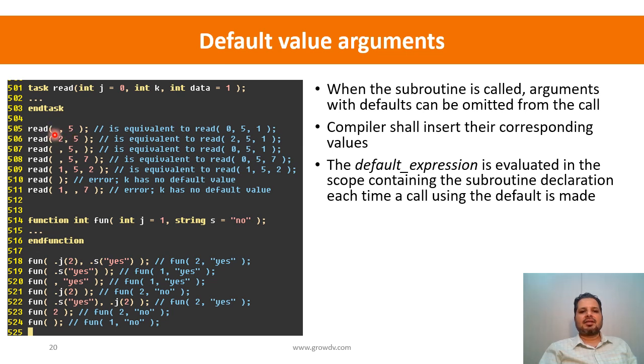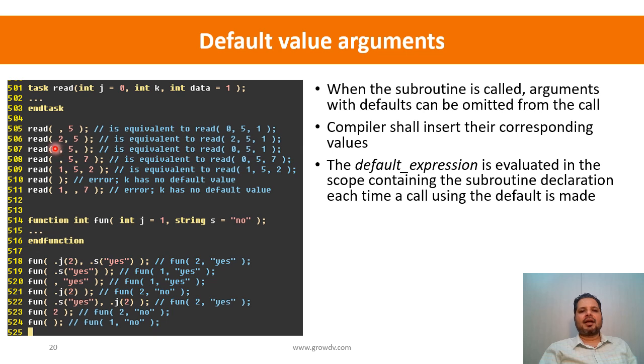I'm not passing the first argument, and this way of calling the task is called call by position. So I am passing the argument by position. This is the second position, so I'm passing the value of k. The compiler will insert this value 0, then I'm passing the value 5, and then the compiler will insert this value 1, because I have provided these default values.